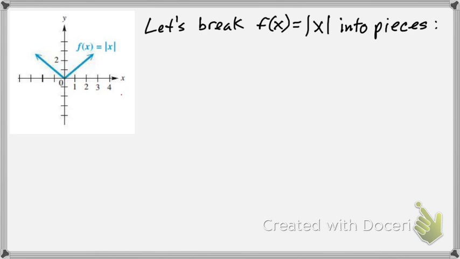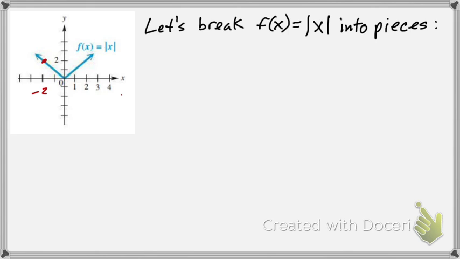Decreasing. And notice something, whatever x is, if x is negative 2, what's my y? Positive 2. If x is negative 1, y is 1. If x is negative 3, y is 3. So y is the opposite of what x is.